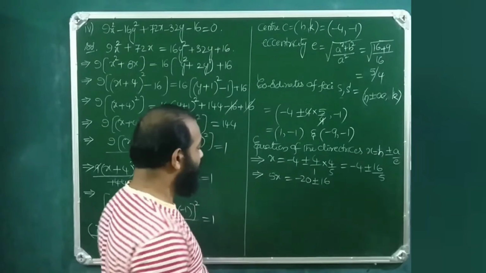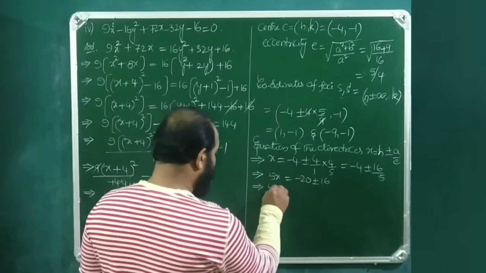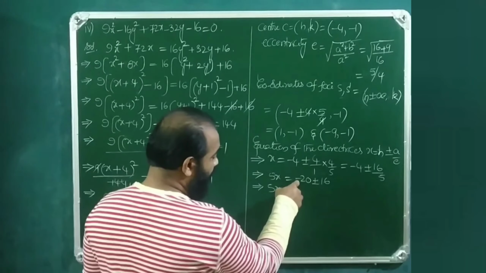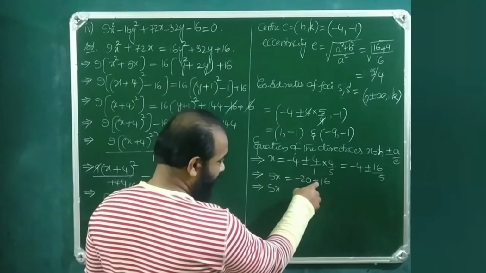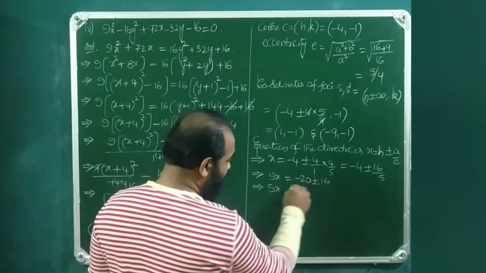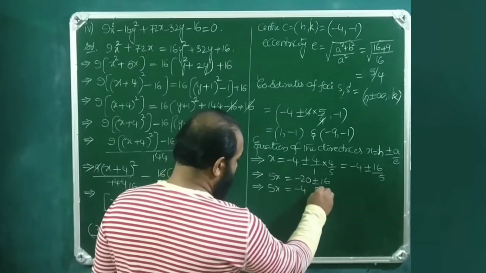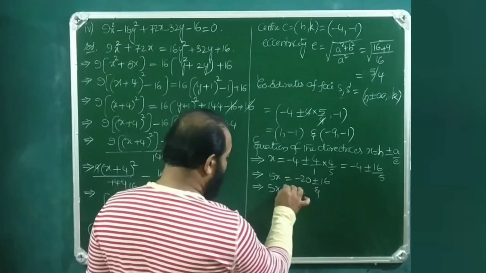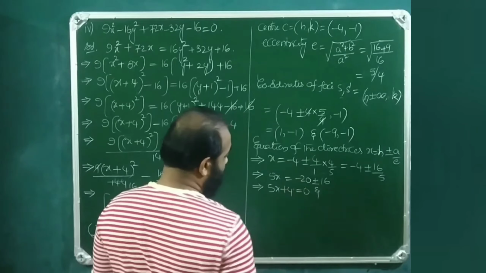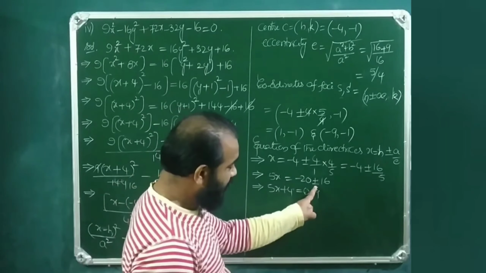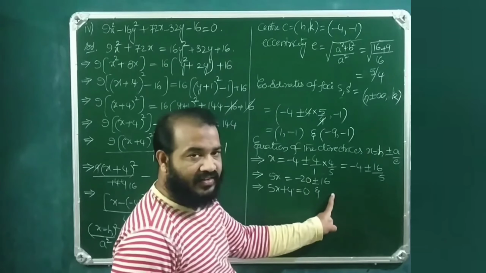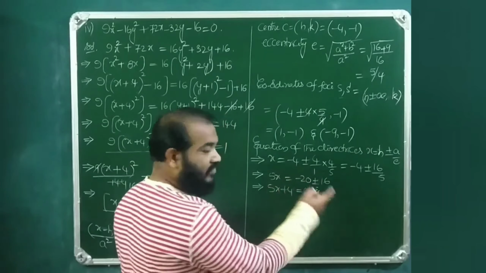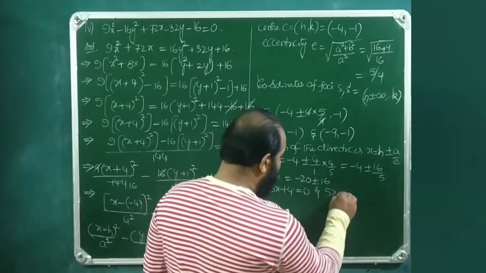First you consider plus: minus 20 plus 16 is minus 4, so 5x plus 4 equals 0. Now you consider minus: minus 20 minus 16 is minus 36, 5x equals minus 36, 5x plus 36 equals 0.